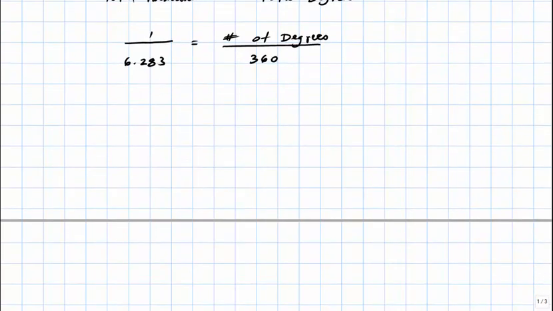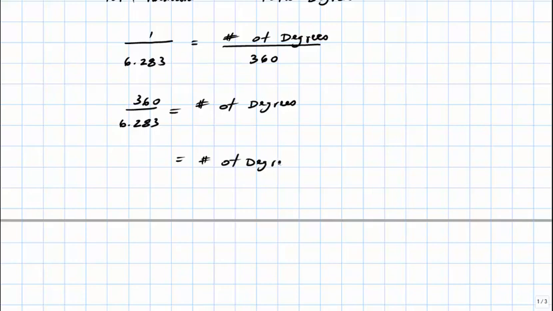If we multiply both sides by 360, we obtain 360 divided by 6.283 equals the number of degrees. And if we enter these values into the calculator, the result equals 57.3.